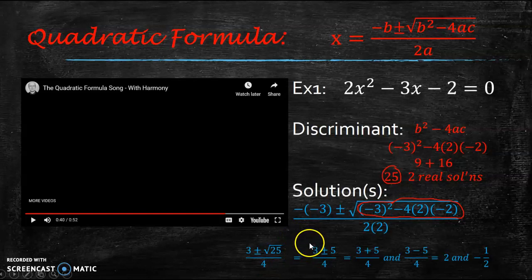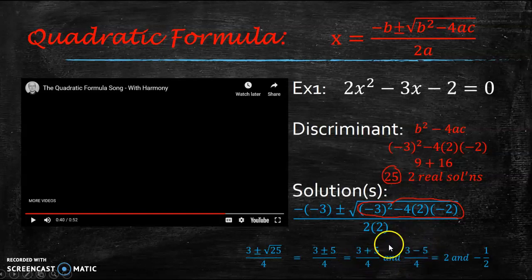And that's going to be equal to 3 plus or minus 5, because the square root of 25 is 5, all over 4. Now, here is where we split this up. We will split up the plus and minus. You'll split it into 3 plus 5 over 4 and 3 minus 5 over 4.